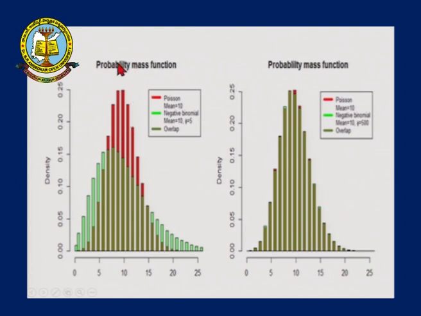See here, this is a PMF, a probability mass function. There is a green color and also a red color. See how it is increasing in the first and the second probability mass function, and how all the values differ. In the second one there is only one color, and this is a red color and this is a green color.